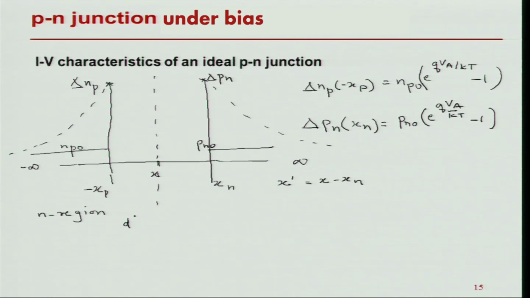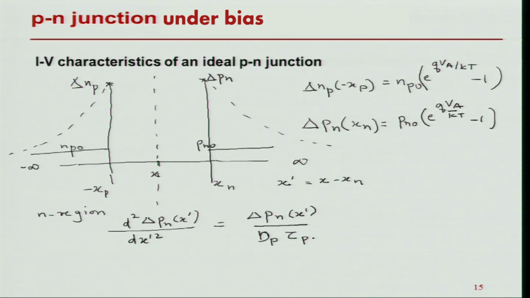If we do that, we can write the modified differential equation for the excess hole concentration, whatever its distribution is in x prime, d squared by d x prime square, equal to the excess hole concentration in the n region divided by the diffusion constant for the hole in the n type and its lifetime in the n type.